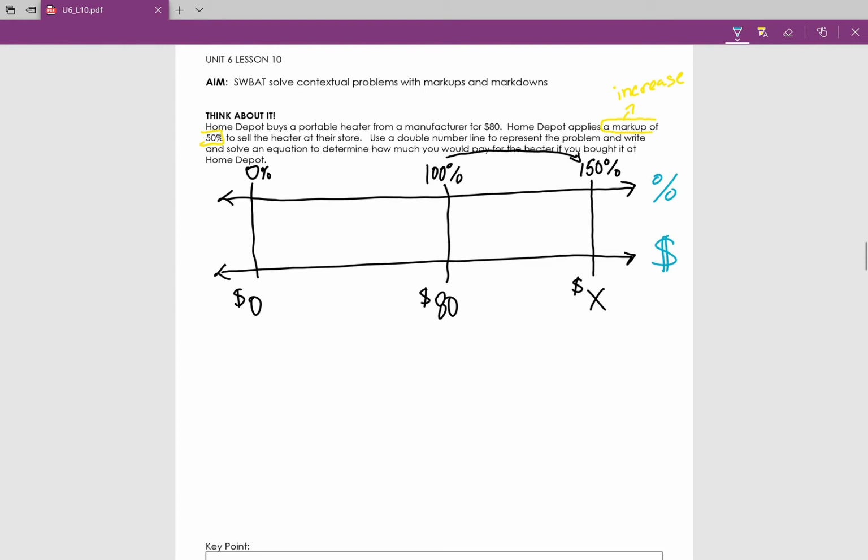Can we use that formula here? I know that the formula had to do with our whole, our quantity, and our percent as a decimal. So what's the percent as a decimal that we're working with? 1.5. This is the percent that we're working with.